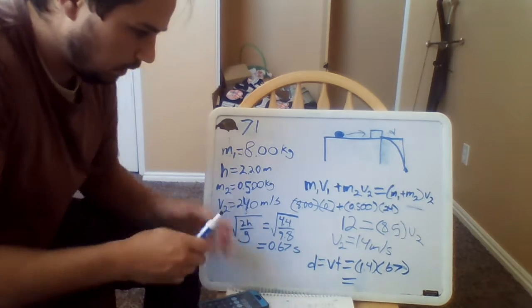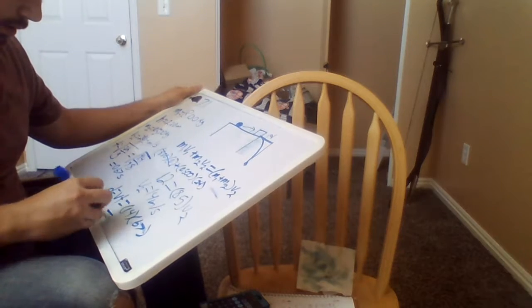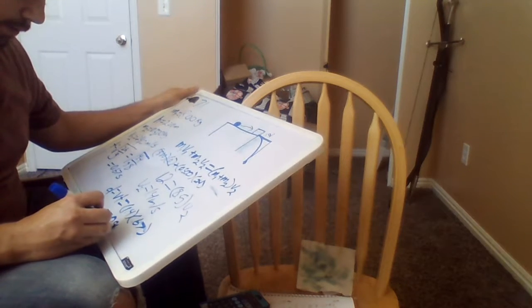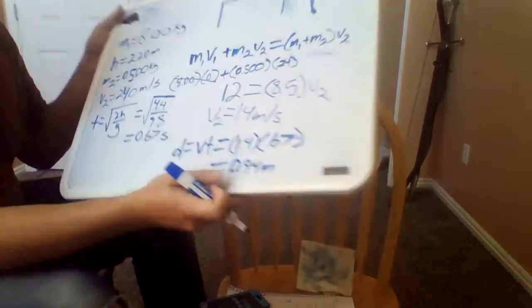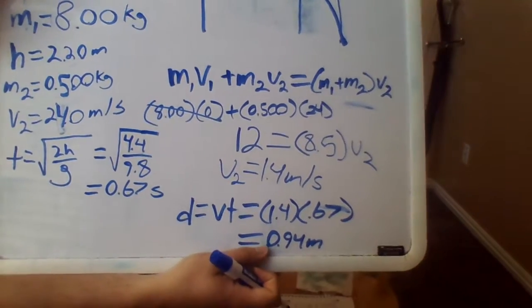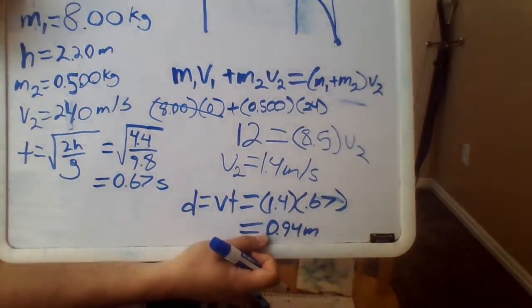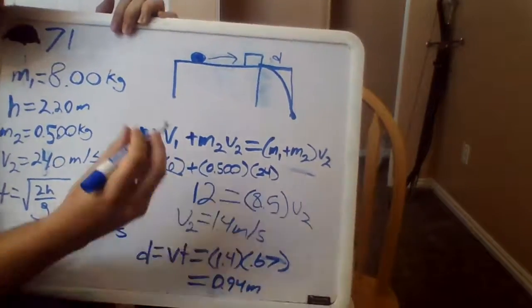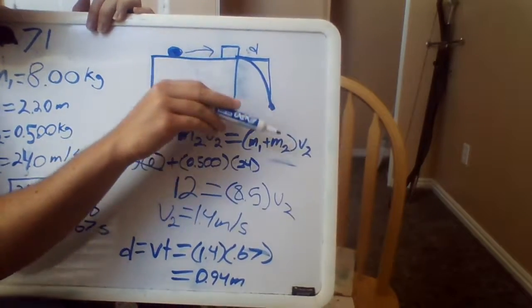Yeah. So the distance is about 0.94 meters. Almost 1 meter is the horizontal distance that this block and this piece of clay will travel when they go off the table.